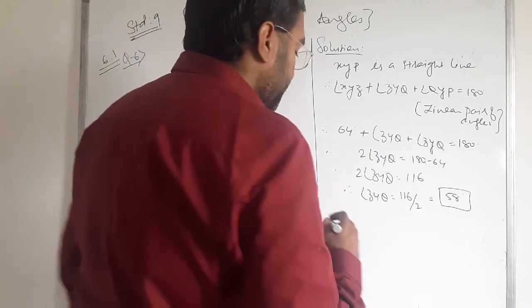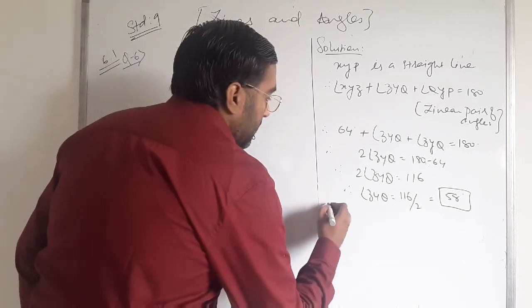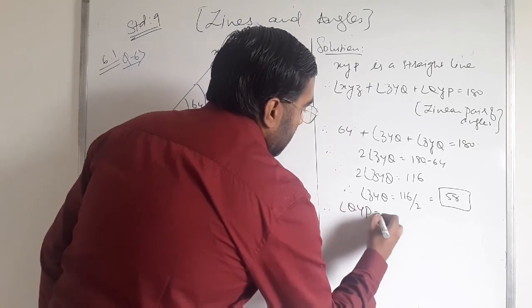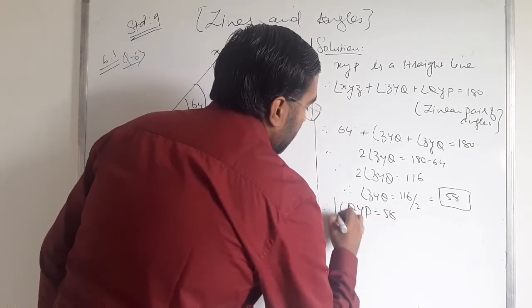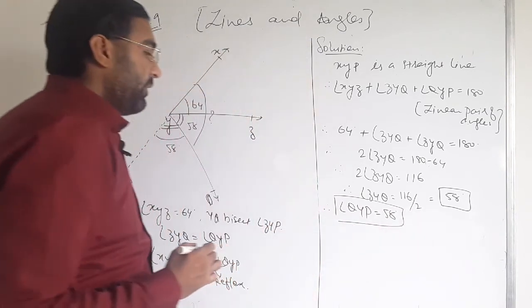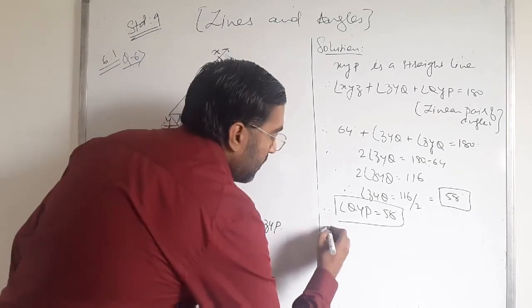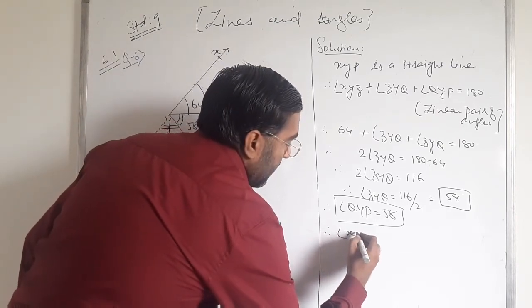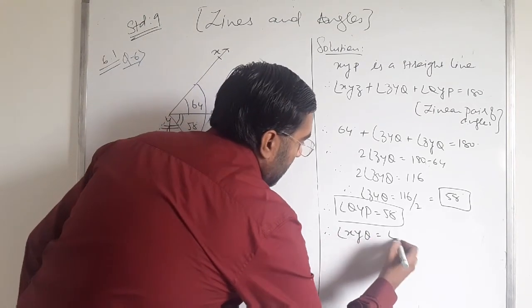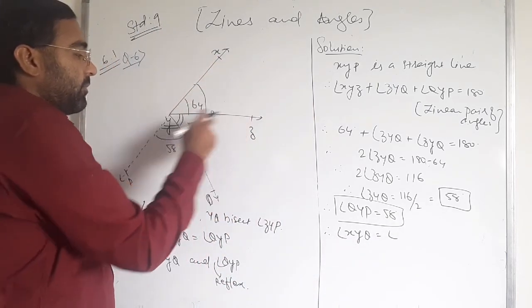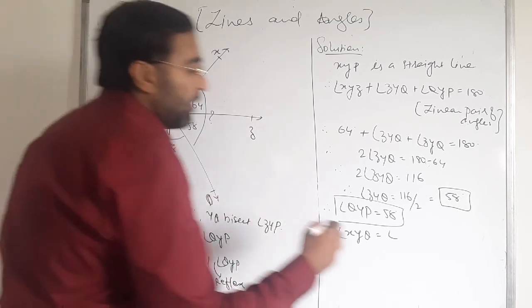Clear? So I'll write it here. Therefore QYP is also equal to 58 degrees. Now we have to find the angle XYQ. For the angle XYQ, we know that it is the sum of two angles, XYZ plus ZYQ.